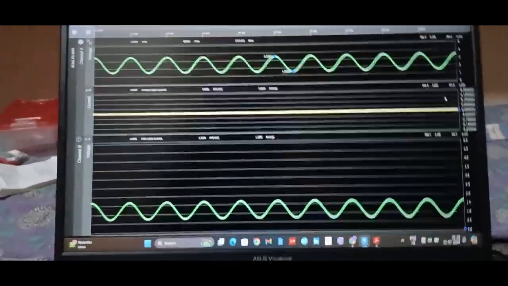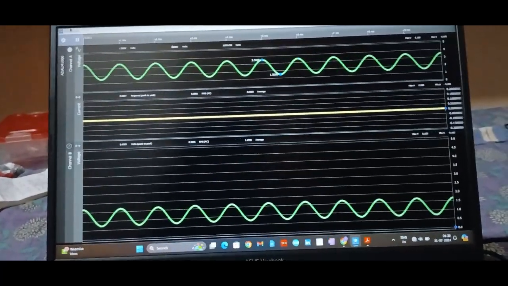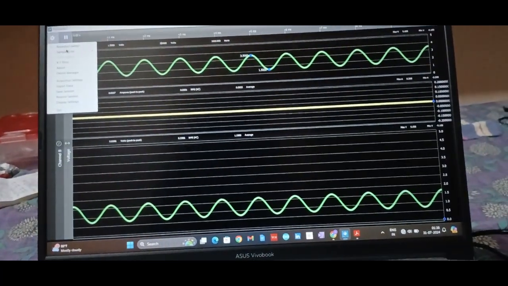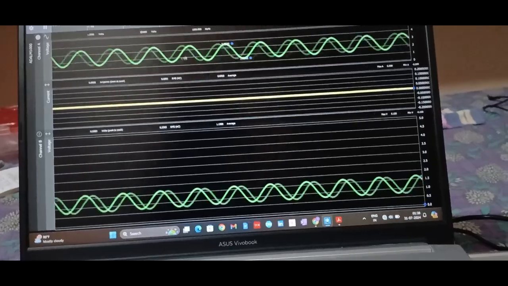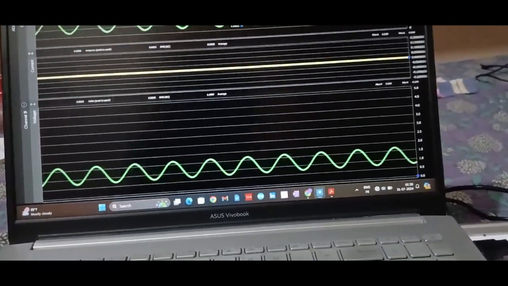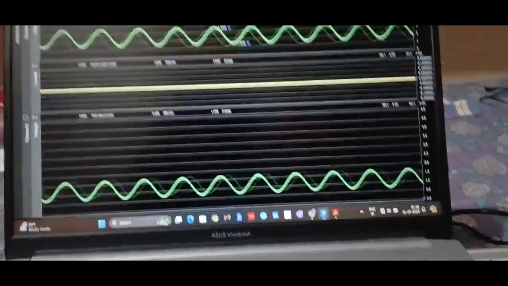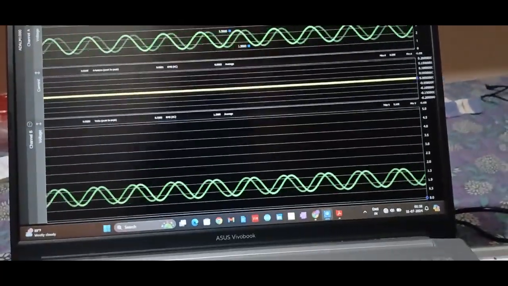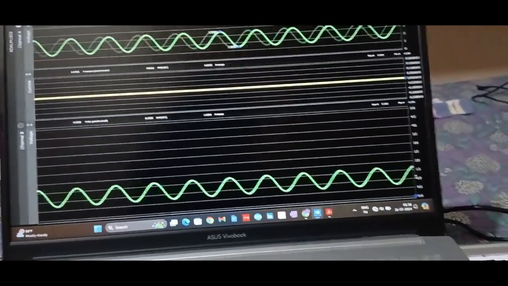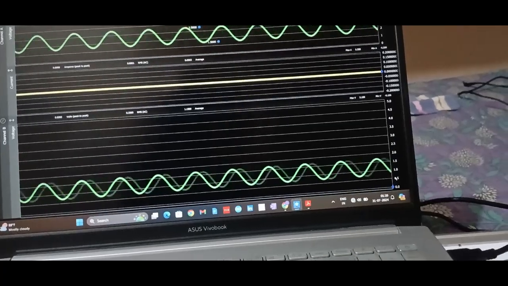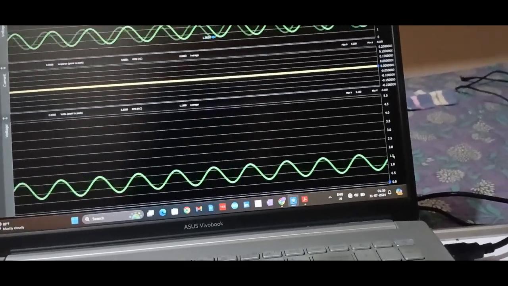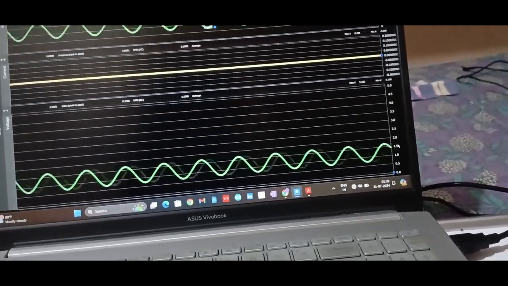There we have found that the input varies from 1.5 volts to 3.5 volts, and the output voltage is around 0.7 to 1.8, approximately 1.19.